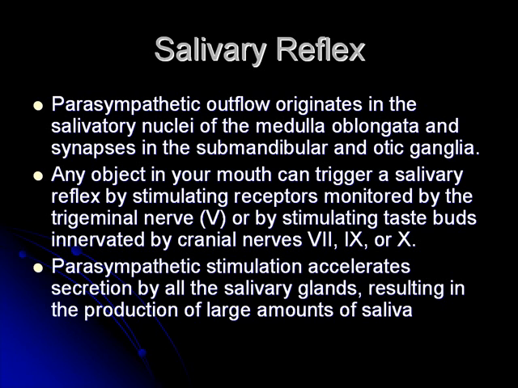Any object in the mouth can trigger a salivary reflex by stimulating receptors monitored by the trigeminal nerve, or cranial nerve number 5, or by stimulating the taste buds innervated by cranial nerves number 7, 9, and 10. Parasympathetic stimulation accelerates secretion by all of the salivary glands, resulting in the production of large amounts of saliva.